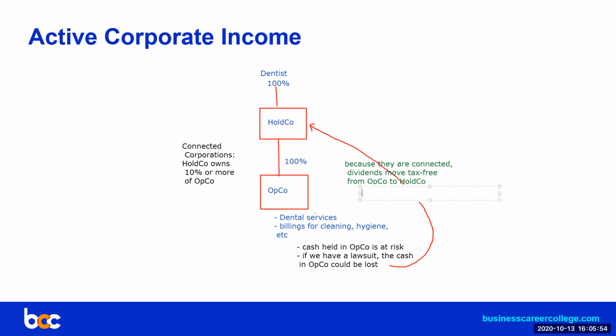So anything that would have been an eligible dividend stays eligible, and anything that would have been a non-eligible dividend stays non-eligible. So we're moving those things up the ladder without having to change their tax characteristics. Is everybody with me there?